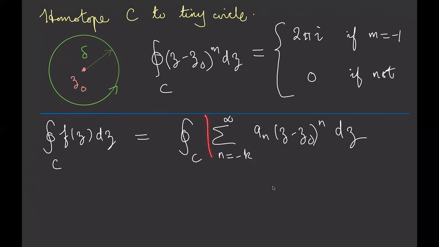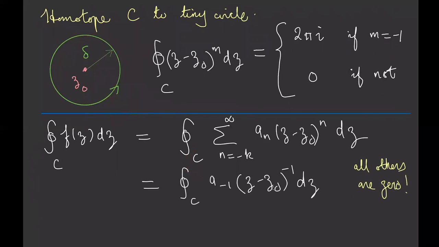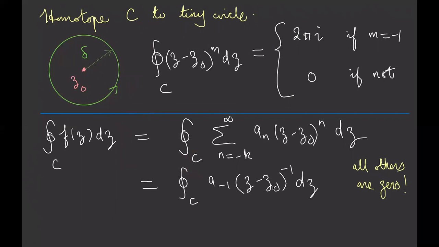So this is my representation of my function f. And then what do I know? When I do this, I just have these constant coefficients multiplied by this, but all of these n's correspond to integers, and by this expression that we have over here, I'm going to get 0 in every single instance except when I have a negative 1 over here.